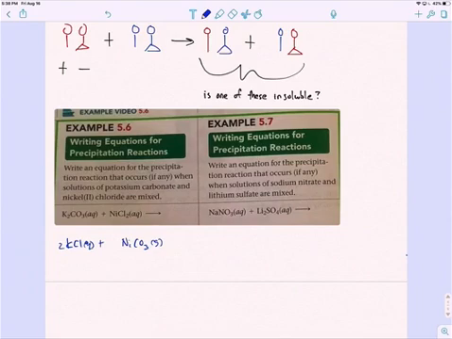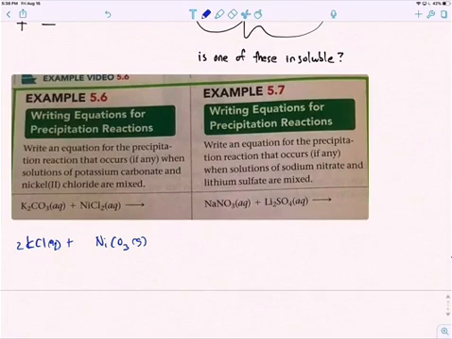And the next one here, sodium nitrate and lithium sulfate. So doing this, I can balance it out. It's going to be 2LiNO3 plus Na2SO4.